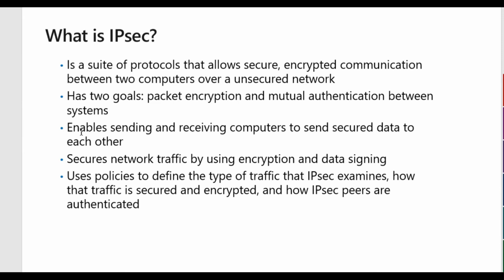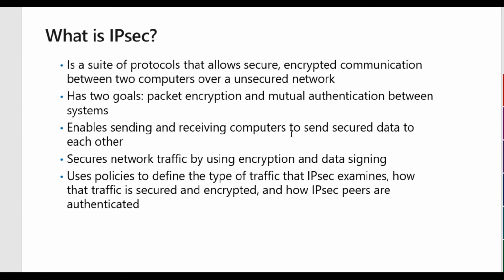So that means this PC and that PC, if you make a network, it can be an encrypted network. In this way, if you share a file, other people don't get into it, and if somehow they try to get the file, they will not get it. Because IPsec encrypts the packets, and also uses mutual authentication between multiple systems.